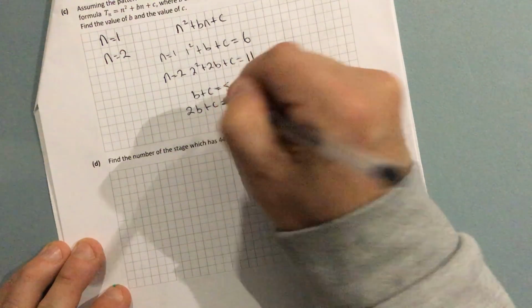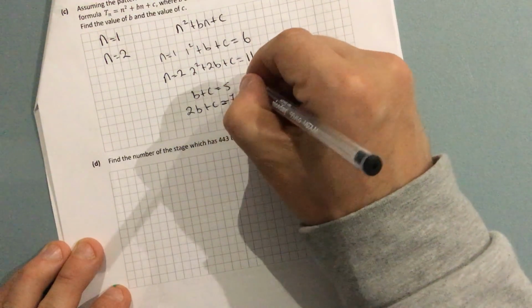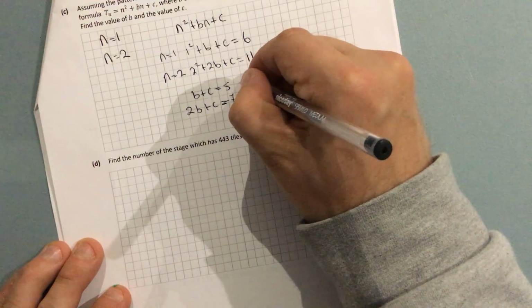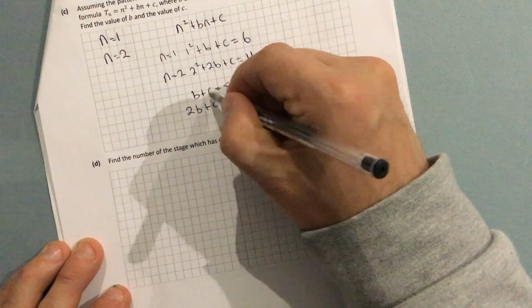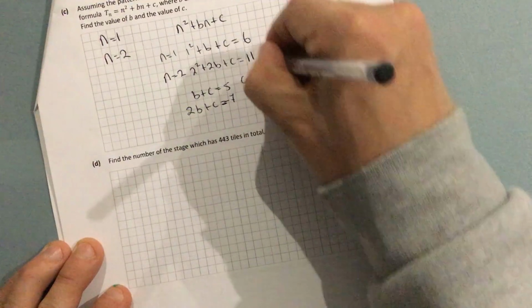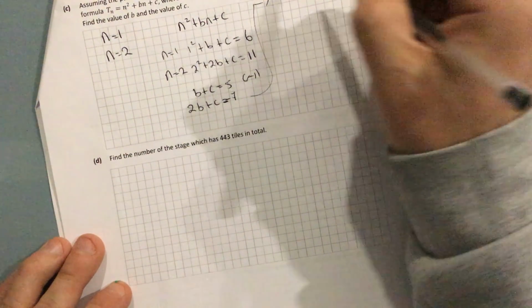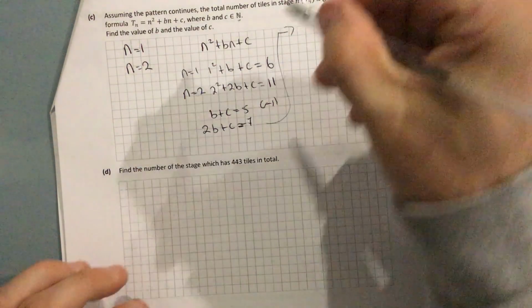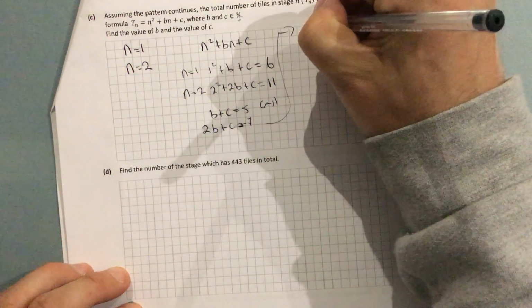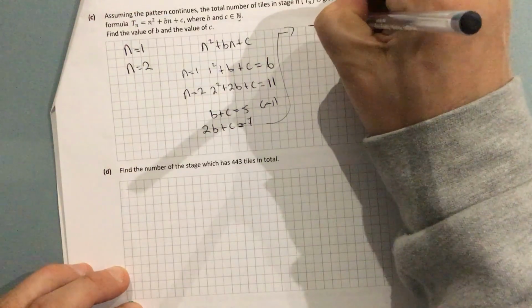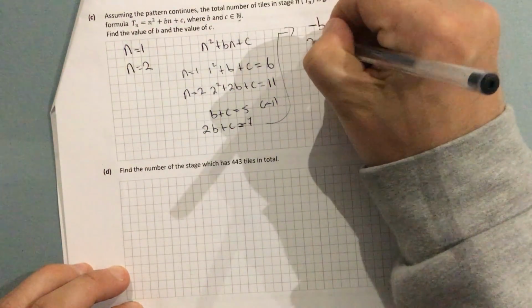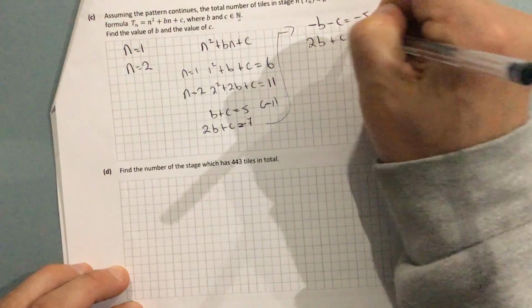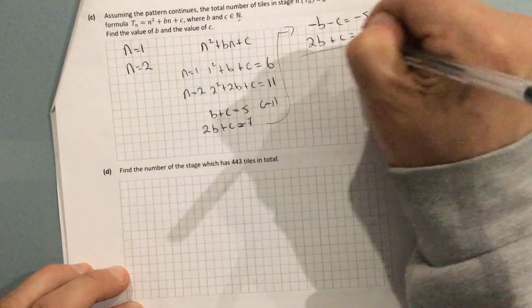Okay, from there then I can just multiply this line by minus 1, because I want to cancel the c, and I'll just move this up here. A lot of these questions you sometimes run out of space, you have to be careful. But here I will have minus b minus c is equal to minus 5, 2b plus c is equal to 7, they cancel.